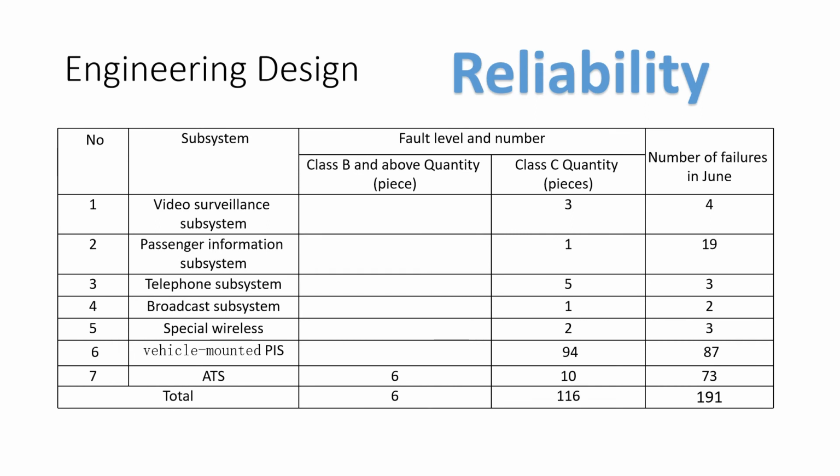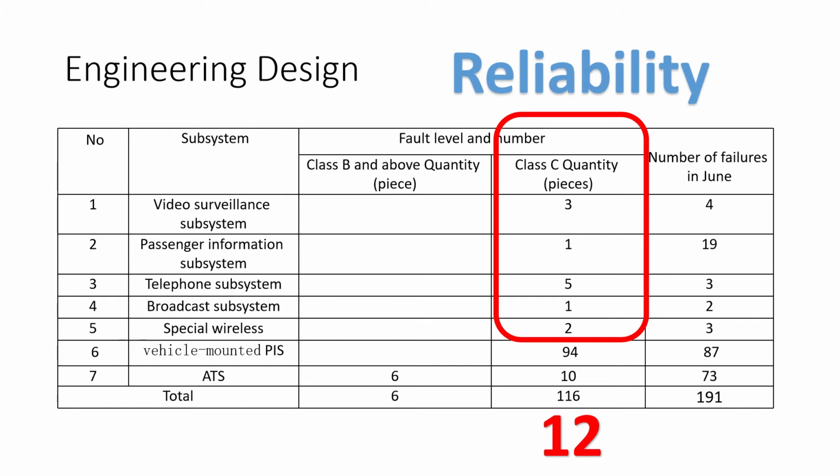And the data is in the table shown in the slide. From July 1st to July 31st, this subway line had 12 failures in the station and center. 3 of them are from the video subsystem, 5 from telephone, and 2 from Wi-Fi. The passenger information subsystem and the broadcast subsystem each failed once.